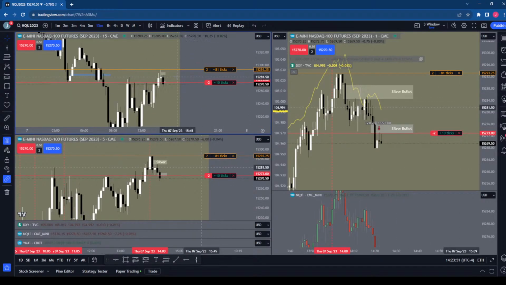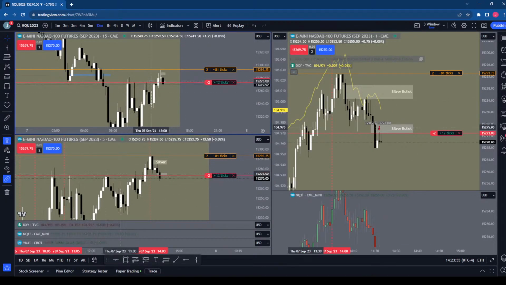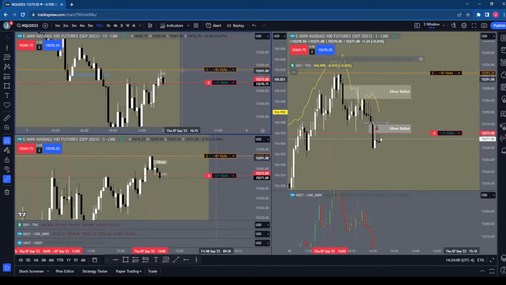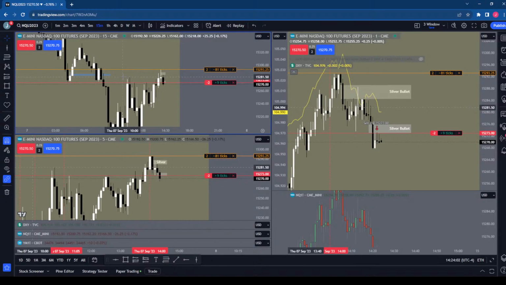You can see here on the 15 minute this high came right up and we had no body close past the mean threshold of this up close candle.